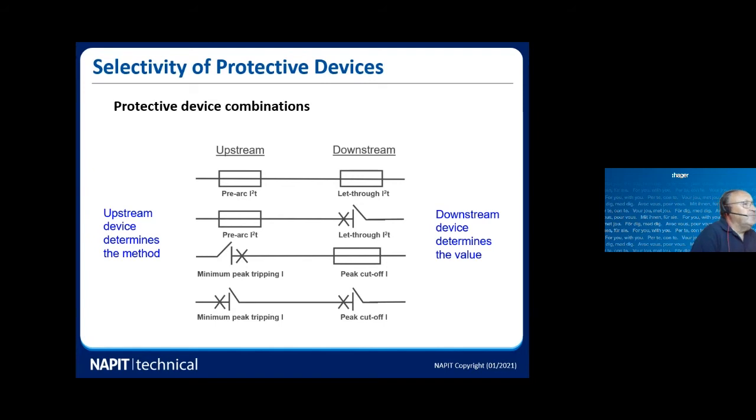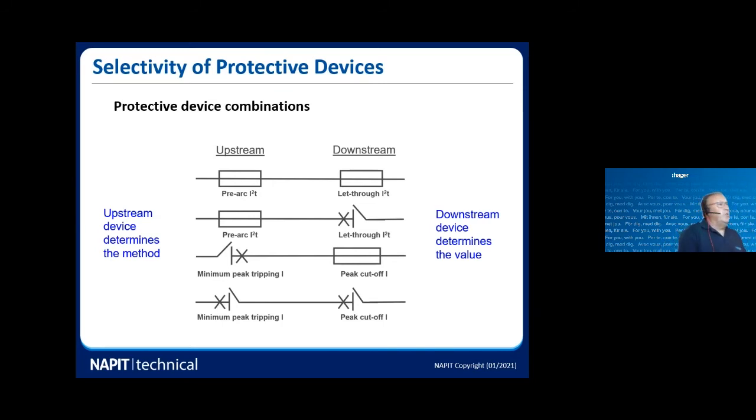The pre-arc value of a fuse, you probably know, is the value of energy that can go through a fuse and allow it to be stressed up to a point where it will recover. If it sees more energy than the pre-arc value, once it's gone past that value, it cannot recover. It will go all the way and actually disconnect.